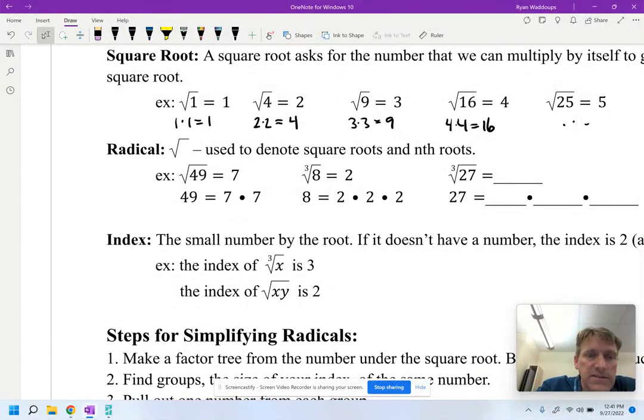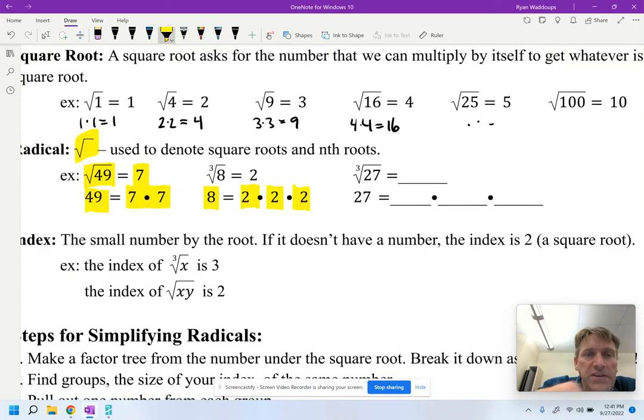So the radical, this symbol here, is used to denote square roots and nth roots. The square root of 49 is equal to 7 because 7 times 7 is 49. And the cube root asks what number multiplied by itself 3 times is 8, and this is equal to 2 because 2 times 2 times 2, 3 times, is 8.